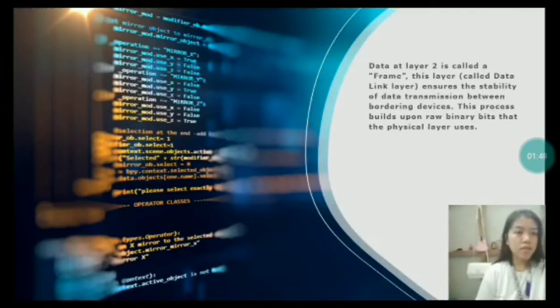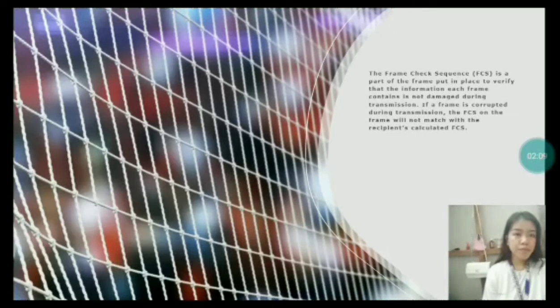Data at layer 2 is called a frame. This layer, or the data link layer, ensures the stability of data transmission between bordering devices. This process builds upon the raw binary bits that the physical layer uses.